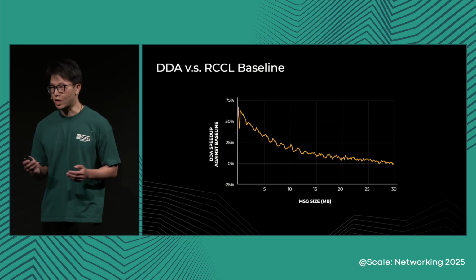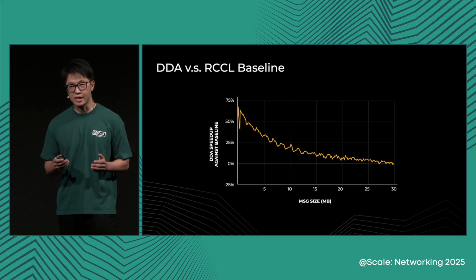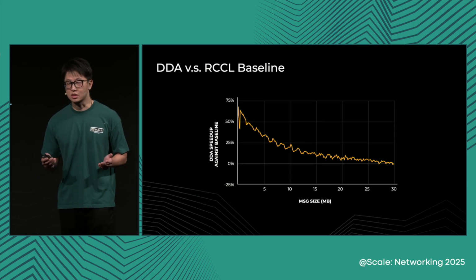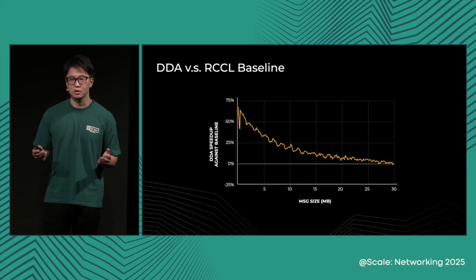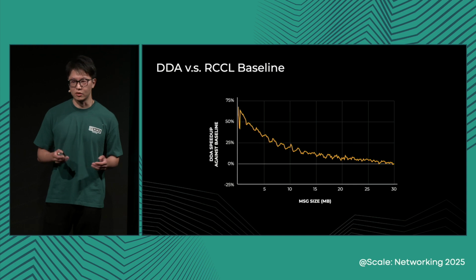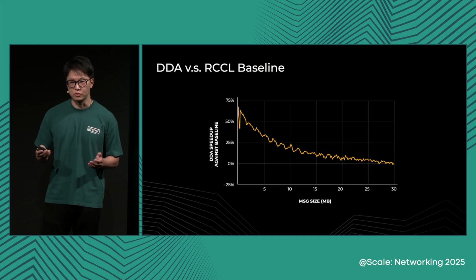As you can see from the graph, when the message size gets bigger and bigger, the gain decreases. This is expected because when the message size gets bigger, all reduce is more bandwidth bound than latency bound. But when the message size is small, say less than 5 megabytes, DDA gives a significant performance boost. It can go up to 50%.